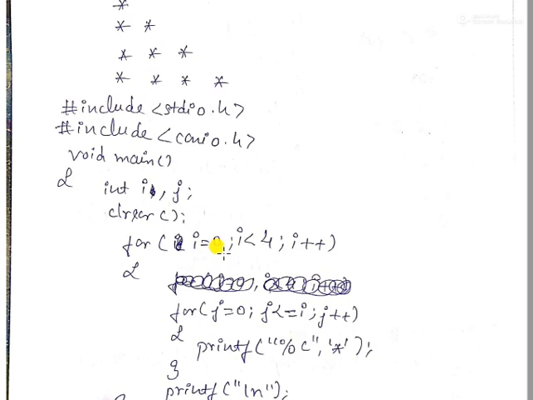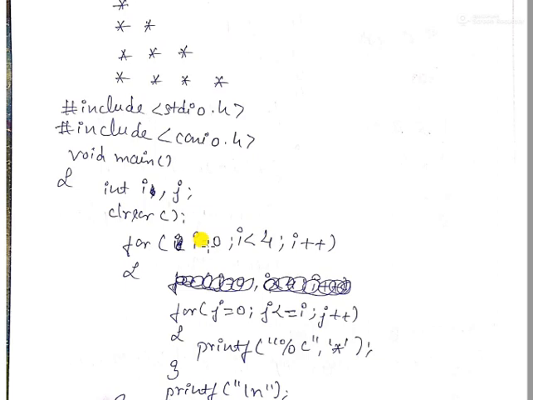So 0 ಇಂದ ಸ್ಟಾರ್ಟ್ ಆದ್ರೆ 0 1 2 3, 4 rows ಆಗುತ್ತೆ. If you take 1, it should go 1 2 3 4, so less than or equal to 4 goes up to 4. If less than 4, the condition is checked only until 3; when 4 comes, the condition fails. So i is equal to 0, i less than 4, i plus plus.